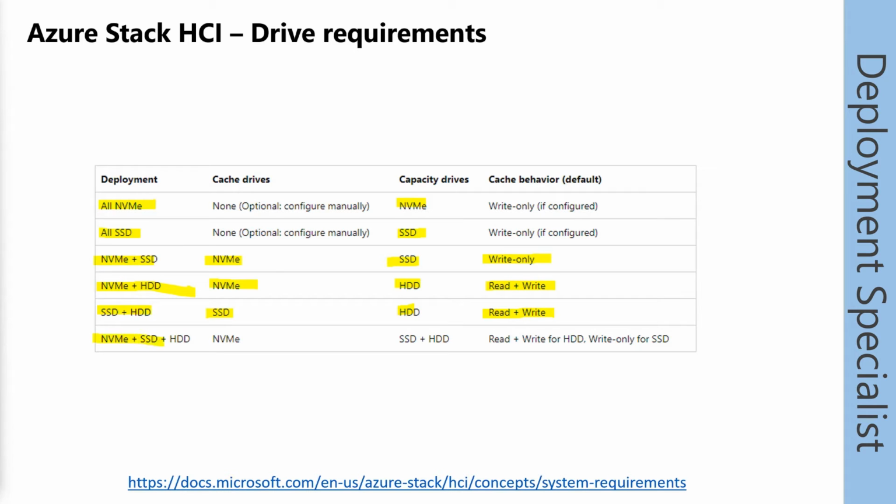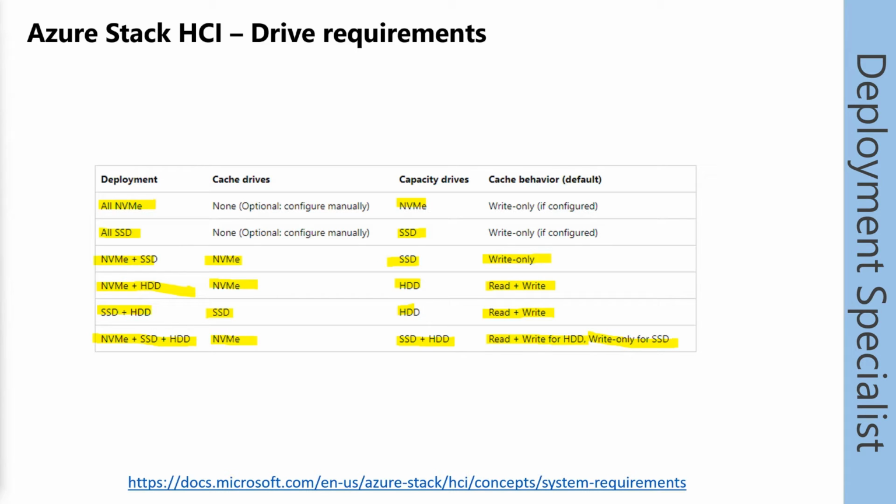If we have this 3-tier configuration, the NVMe's are for cache, SSDs and hard disks are for capacity, and we have 3 storage layers where we have a mixed behavior. We have a read-write cache configuration for the combination of NVMe and hard disks, and we have write-only for the SSDs.